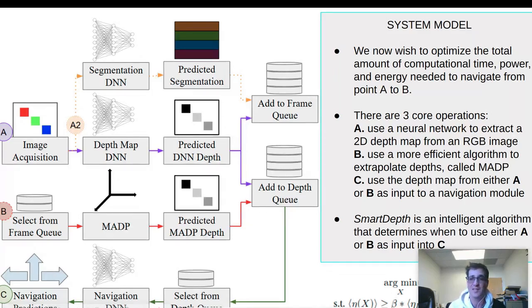And then Operation C will use this depth map, whether it's from Operation A or B, as input into a navigation module that decides how to safely navigate between two points. So SmartDepth, which is what we've called this, intelligently decides how we create the depth map, either Operation A from the neural network or Operation B, our MADP algorithm, which I go over in the next slide. And then it will use those to navigate between two points.